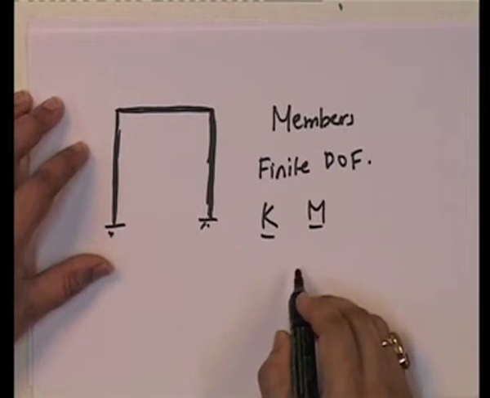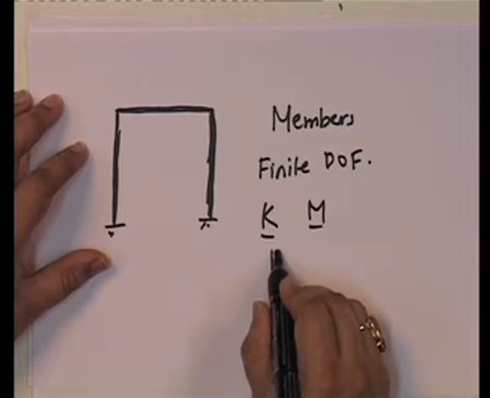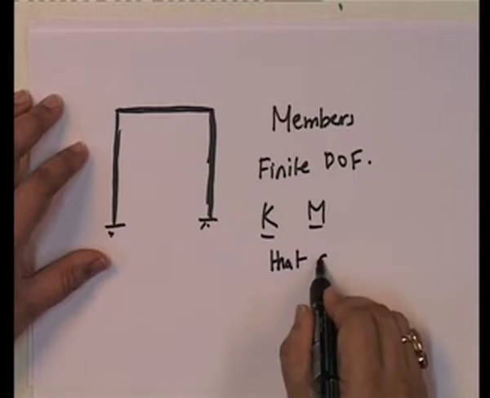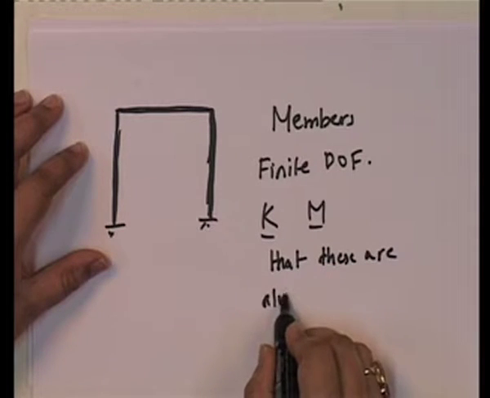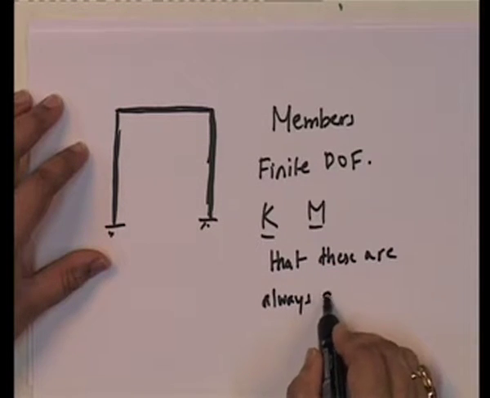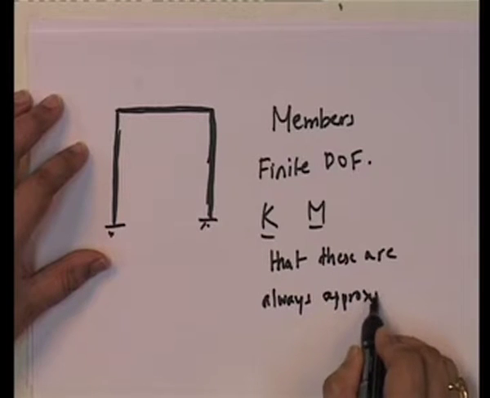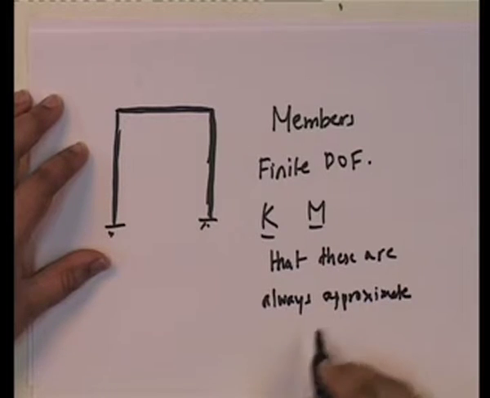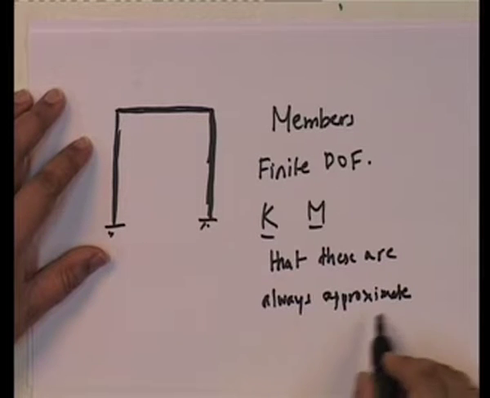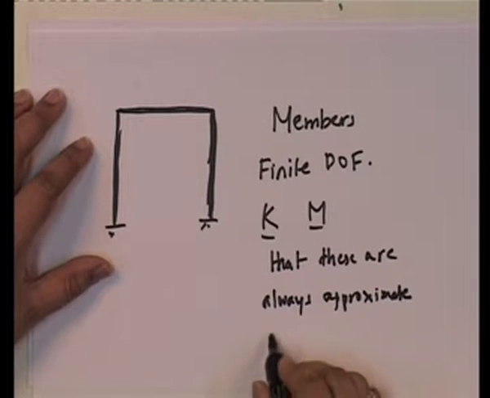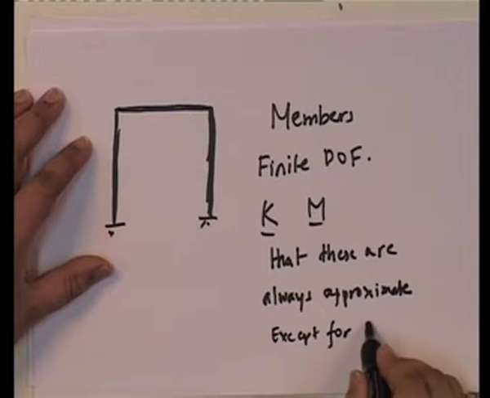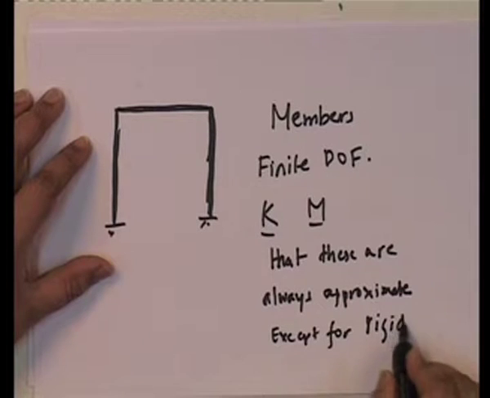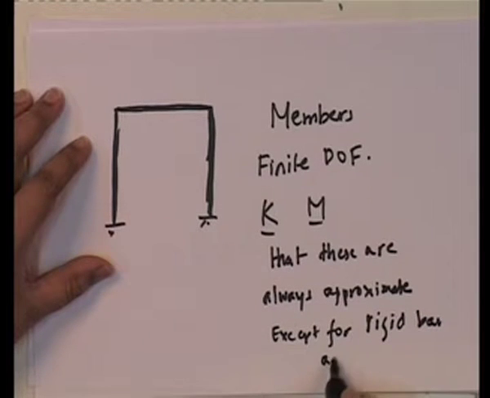Once you have the finite degrees of freedom, we find K and M. And please note that these are always approximate, except for rigid bar assemblages.